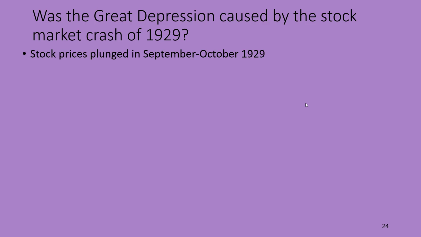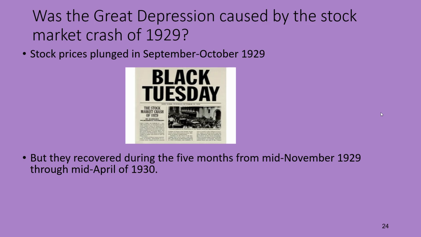On September 3rd, 1929, the stock market was at an all-time high after a period called the Roaring Twenties, which was basically a huge expansion that happened during the 1920s. And remember, the bigger the expansion, usually the bigger the bust. This bust happened September through October, culminating in a day known as Black Tuesday, October 29th, 1929. And again, that was the biggest stock market crash in history up to that point.